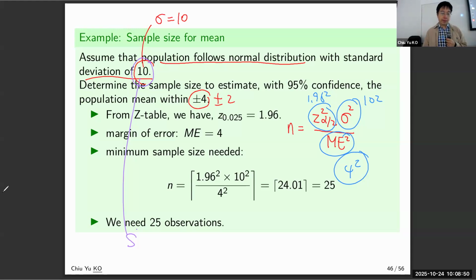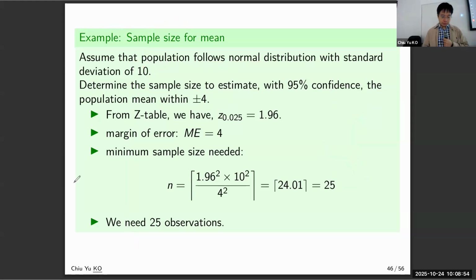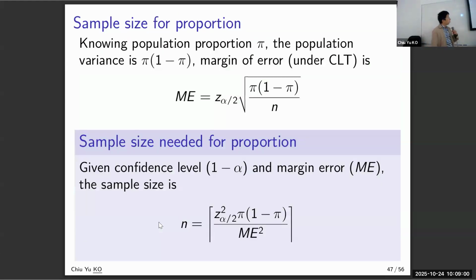Okay? If there's no further question, we go to the next one, which is the same, but we do proportion. The proportion formula is this guy. If you know the pi, this is what we get.